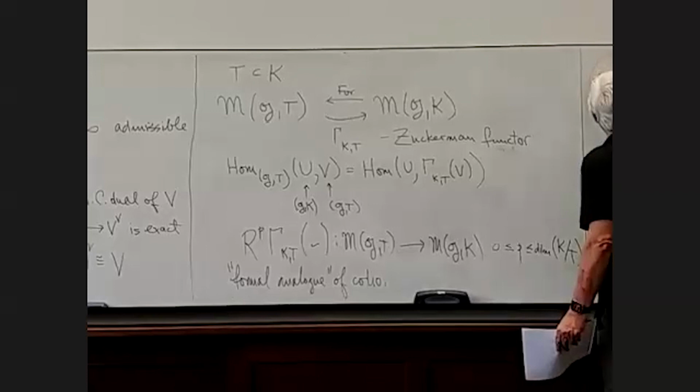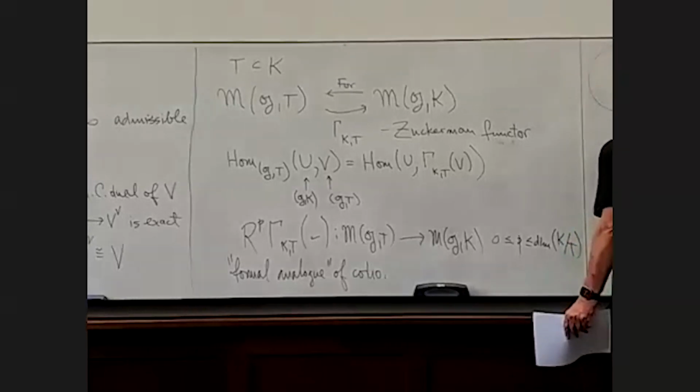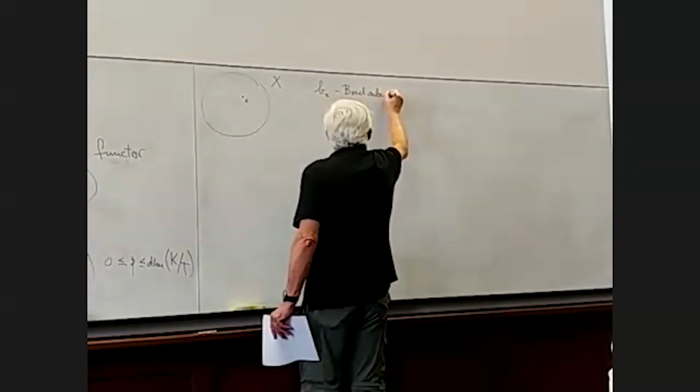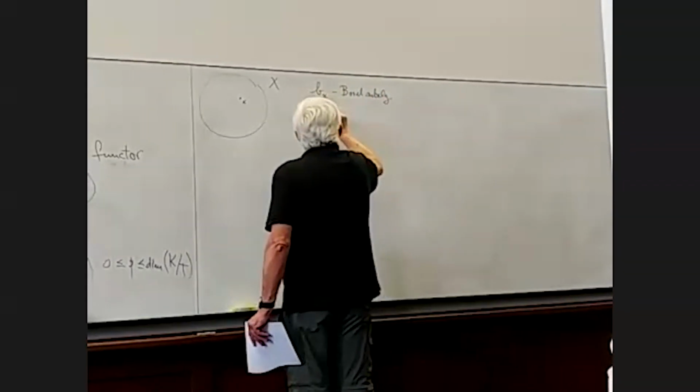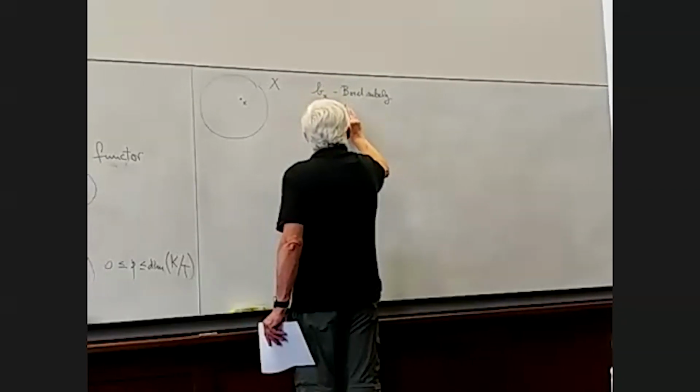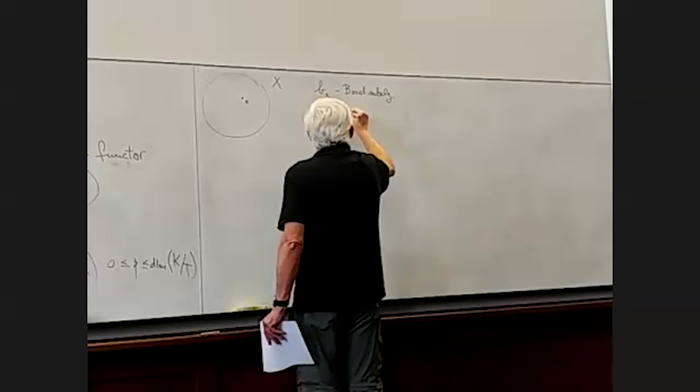Now, let's see how this is used to define cohomological induction. And I will do it in the situation where we need it. We take our flag variety, we take a point x, and we have a corresponding b_x, a Borel subalgebra. Then it contains a Cartan, which is sigma stable.